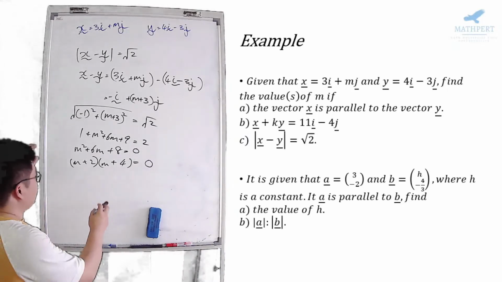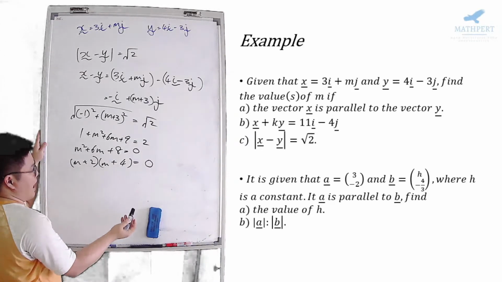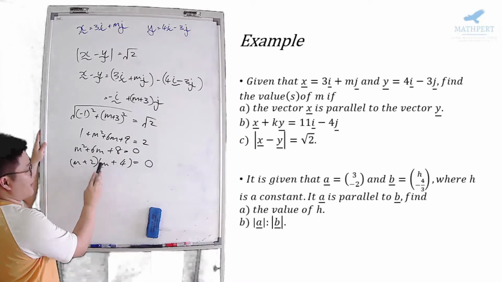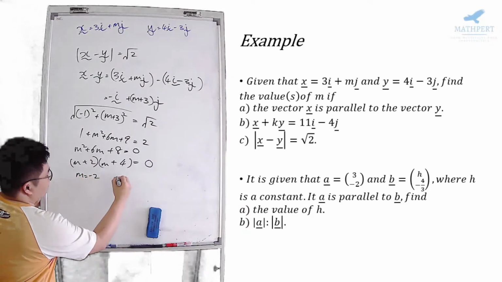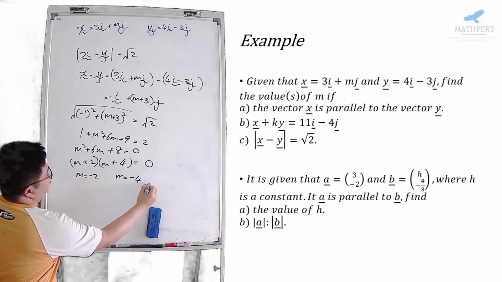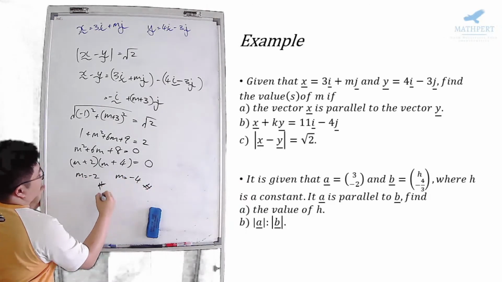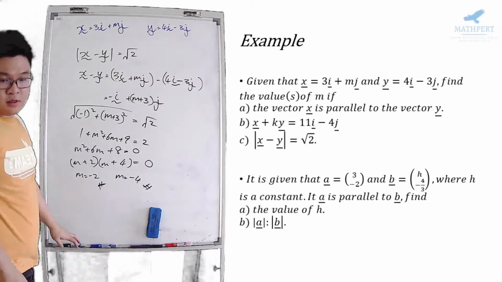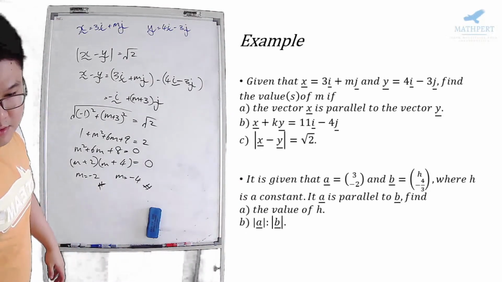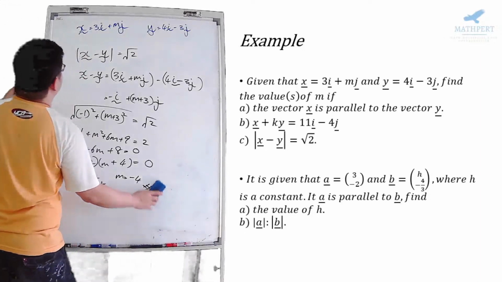Yeah, correct. m, 4, I get 4m. 2m, 4 plus 2, I get 6. So m is equal to negative 2. m is equal to negative 4. Okay? Next question.